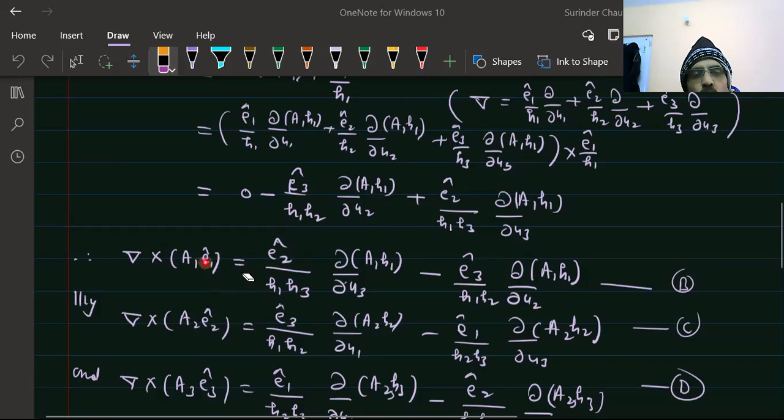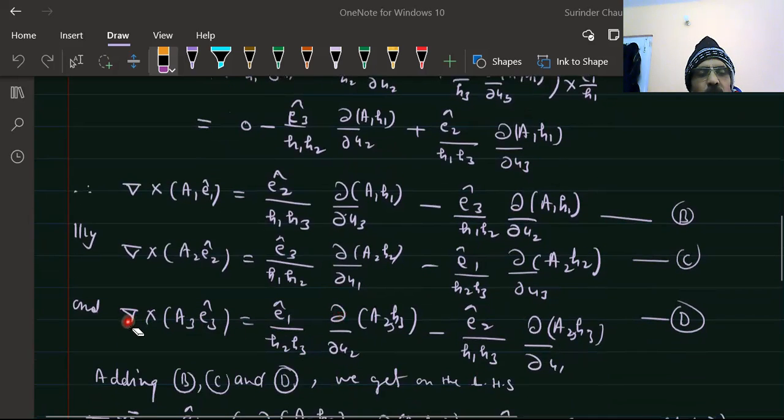This will be equal to e3 upon h1 h2 partial with respect to u1 of a2 h2 minus e1 upon h2 h3 partial with respect to u3 of a2 h2, in cyclic order.